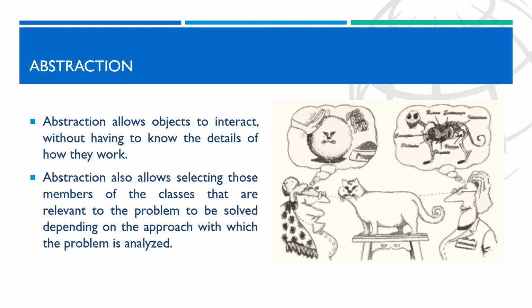Abstraction also allows selecting those elements of the classes that are relevant to the problem to be solved, depending on the approach with which the problem is analyzed. That is, the same object of study can be analyzed from various aspects or points of view, which can generate a large number of features and actions.